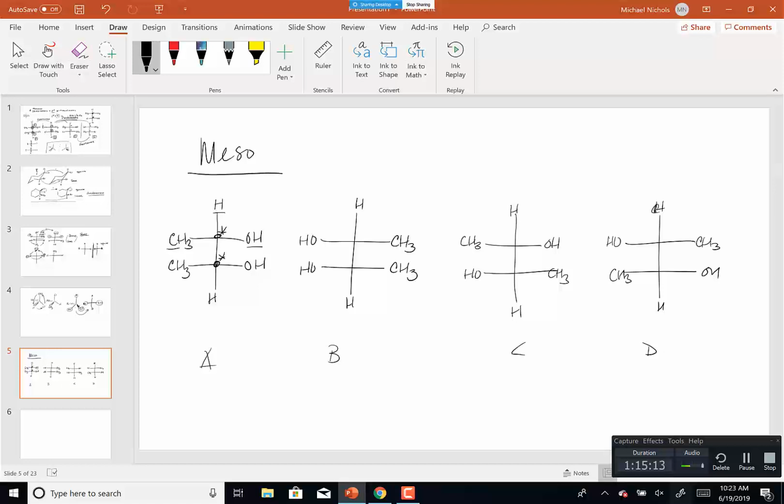It's got 4 different groups. So those are definitely chiral centers. What's the relationship between C and D? They're enantiomers because the way I drew them as mirror images.